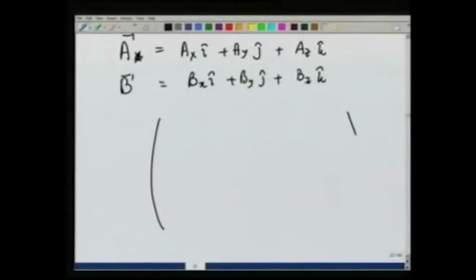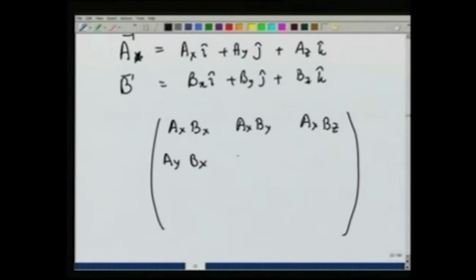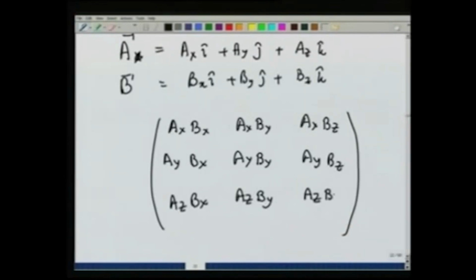All possible combinations of the products are a x times b x, a x times b y, a x times b z, similarly a y times b x, a y times b y, a y times b z, and a z times b x, a z times b y, and a z times b z.